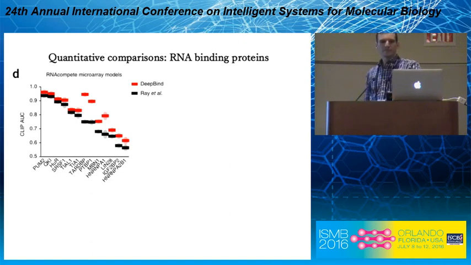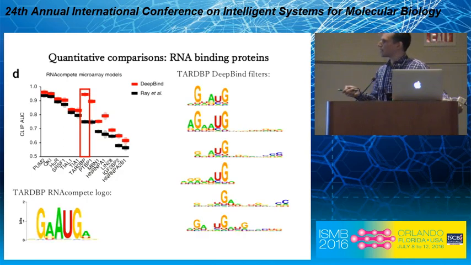And to find out why that happens, I'm going to look at this particular example in TDP-43. What we have here is the PWM that RNA-compete learned. And what we have here are the filters that DeepBind is using, and it then uses a nonlinear function of all of these filter responses to predict the binding specificity.